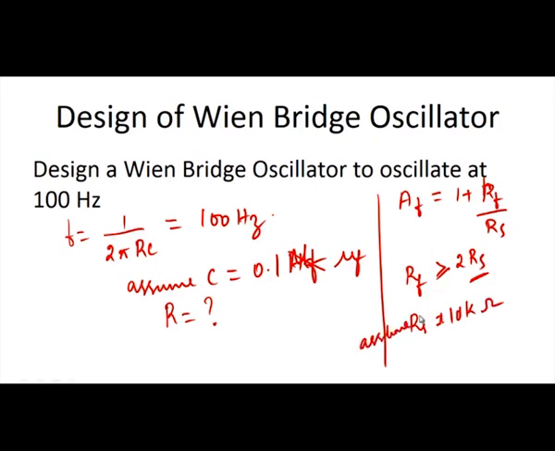Normally the input resistors for any amplifier are assumed as 10 kilo ohms, and so what is the value of Rf? From this equation you can calculate the value of Rf as 2 into 10 kilo ohms. So, it is 20 kilo ohms. So, this is the design of the Wien-Bridge oscillator.